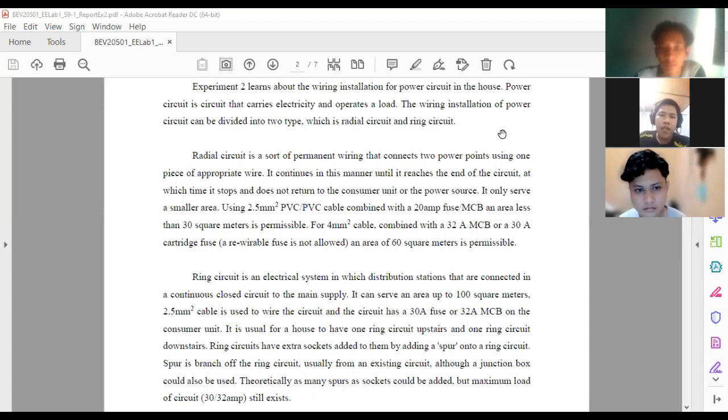A radial circuit is a sort of permanent wiring that connects power points using one piece of appropriate wire, while a ring circuit is an electrical system in which distribution stations are connected in a continuous closed circuit to the main supply.